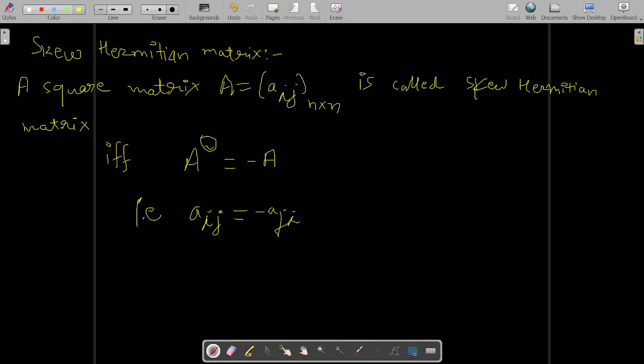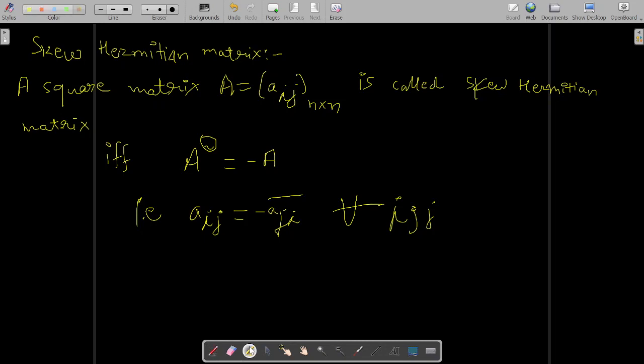You will first take the transpose, and then you will take the conjugate. So A conjugate is equal to minus A, that is, Aij equal to minus Aji for all i, j.